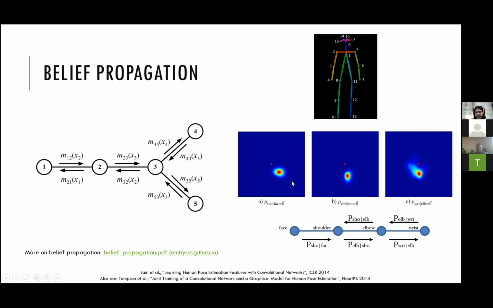So the idea is that beforehand, we compute the relation between the shoulder and face, the elbow and shoulder, and the wrist and elbow. Once we compute this relation, then we plug in whatever the model is predicting.